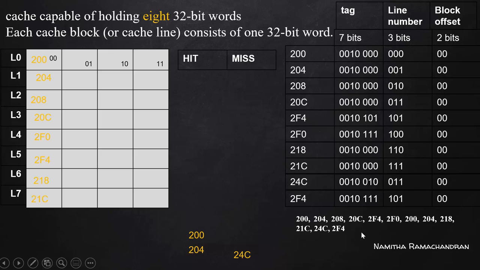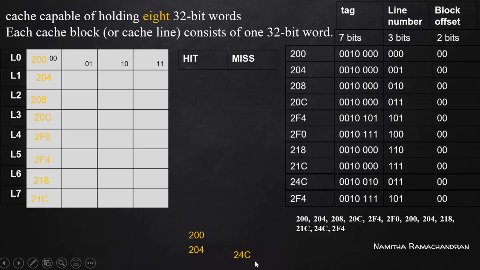Okay, next is 24C. Which line do we want to transfer this 24C into? Line number 3. But line number 3 is already filled. Here we have no room for placing this byte with address 24C.